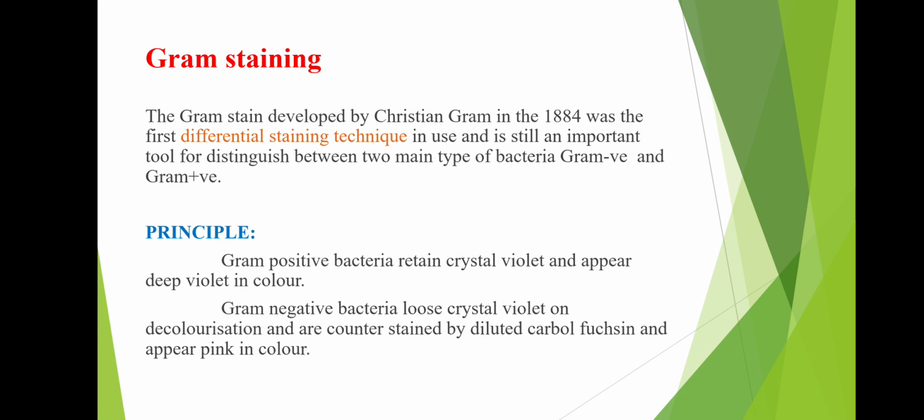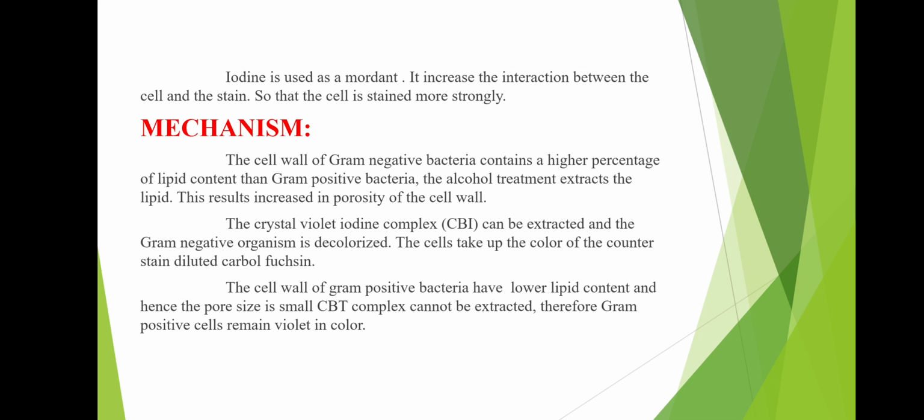Principles of Gram staining: Gram positive bacteria retain crystal violet and appear deep violet in color, and Gram negative bacteria lose the crystal violet on the decolorizing agent, that is acetone or alcohol, and are counterstained by diluted carbol fuchsin and appear pink in color. Iodine is used as a mordant. It increases the interaction between the cell and the stain so that the cell is stained more strongly.